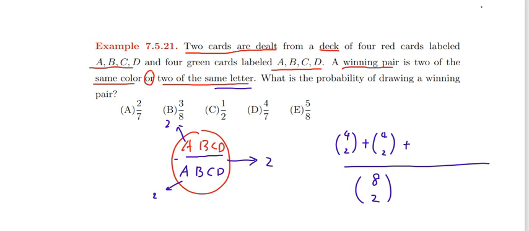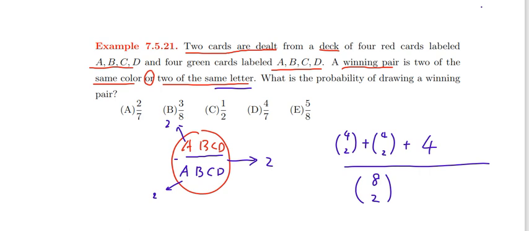So how many ways for the same letter? You could pick a pair of A's, a pair of B's, a pair of C's or a pair of D's, right? So here we have 4 ways.